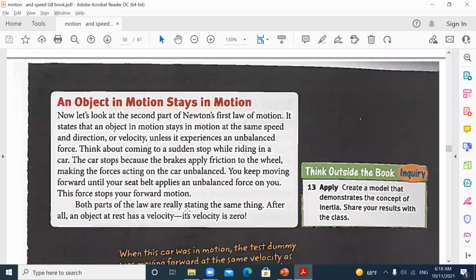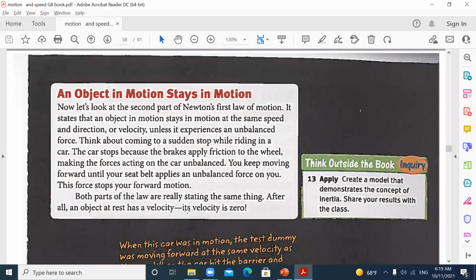The second part of the first law is that an object in motion stays in motion. It states that an object in motion stays in motion at the same speed and direction, or velocity, unless it experiences an unbalanced force. Think about coming to a sudden stop while riding in a car.